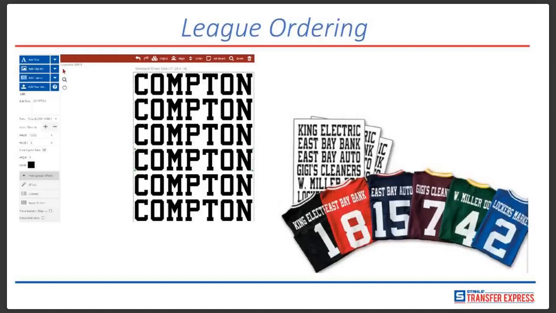So we did a little bit of a different example here with King Electric, East Bay Bank, East Bay Auto, GG's Cleaners, and W. Miller, and there was something else with an L, Lockers Market. Okay, so all of those were able to fit on one sheet. And again, we just printed those out, and we were able to cut those and do 6 different sponsors for 6 different teams. So this is a lot easier than trying to do it yourself. But if you wanted to, you could start from scratch and go into EasyView and just start your own. But these templates will make your life so much easier.